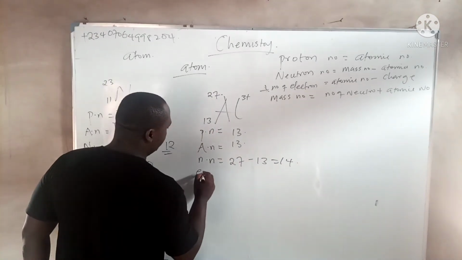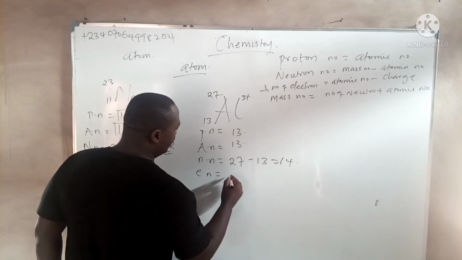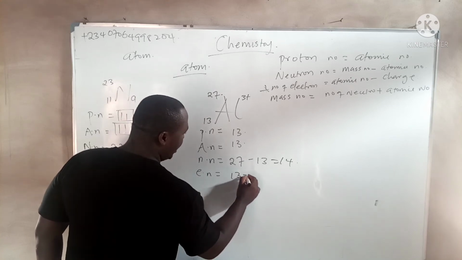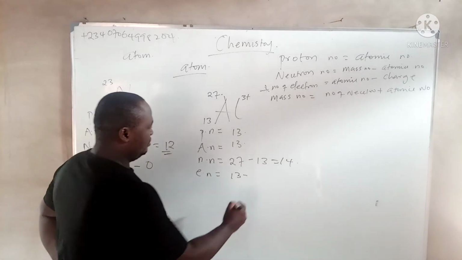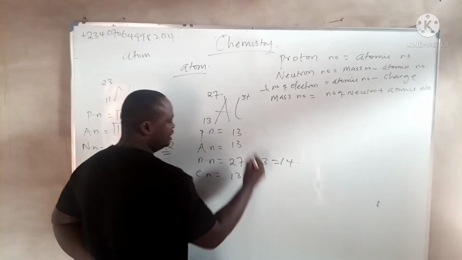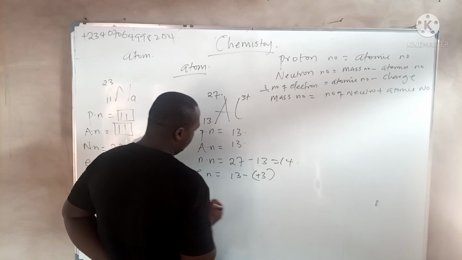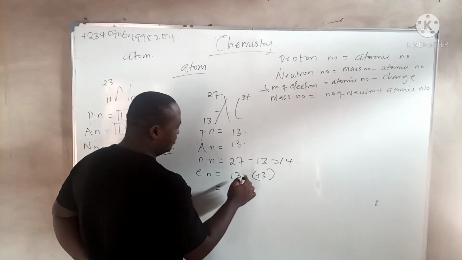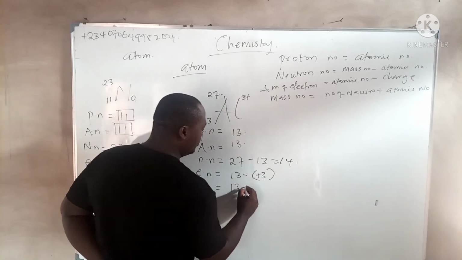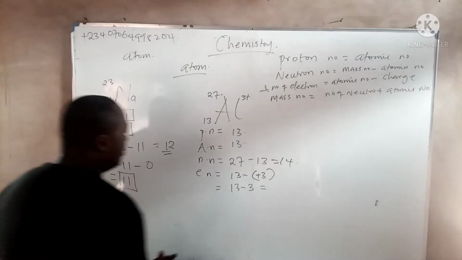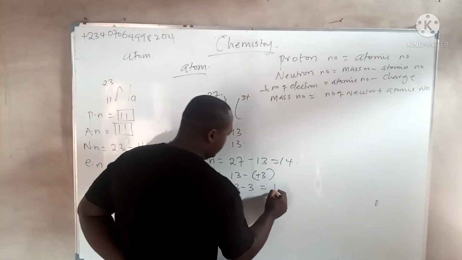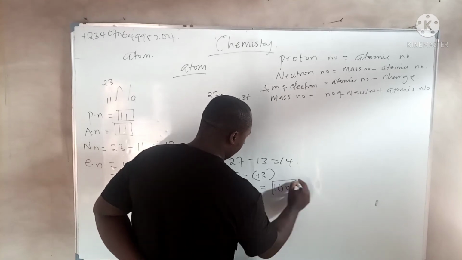Now, the electron number is equal to the atomic number, which is 13, minus, remember, the formula has minus, open bracket, the charge, plus 3. Now, this is 13. Minus times plus will give you minus. So the number of electrons is what? 10 electrons.